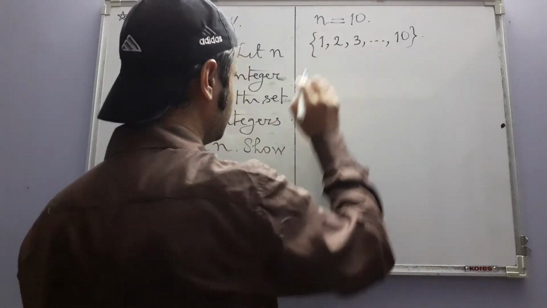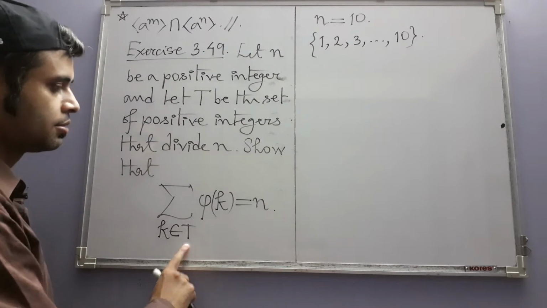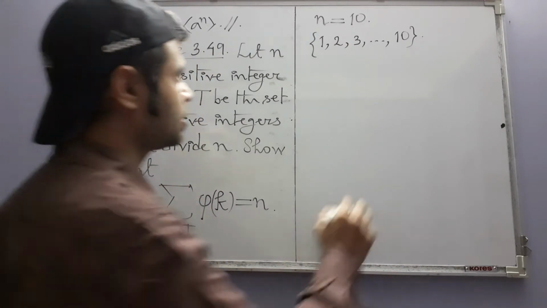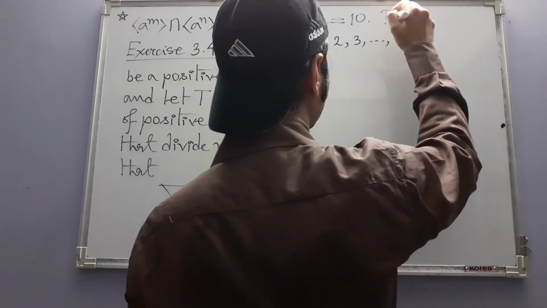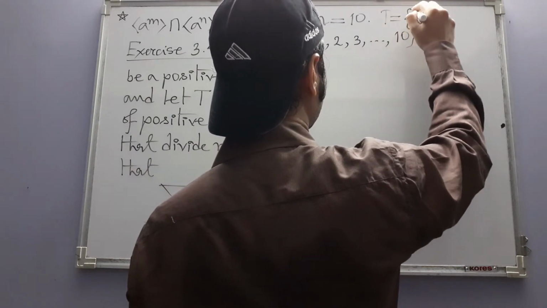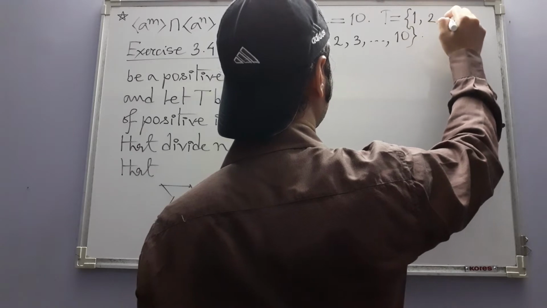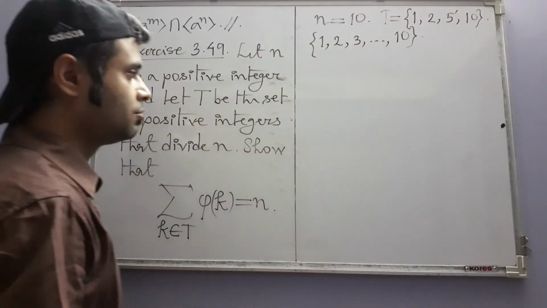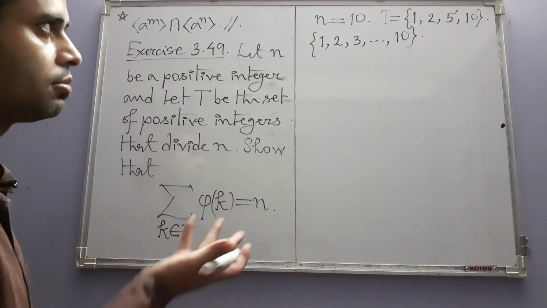See, first you look at what T is for this particular n. T is the set of all positive divisors of n. So for this n, T consists of these 4 integers, because these are the only positive divisors of 10, which you can clearly see.